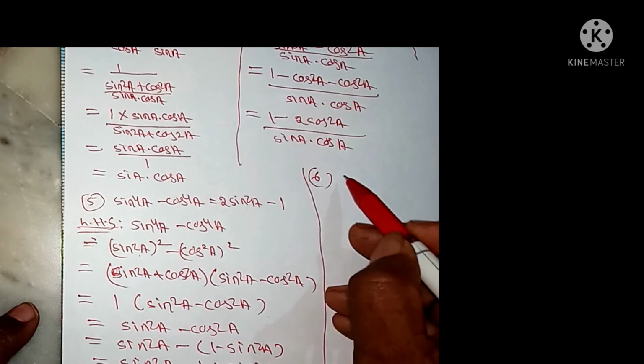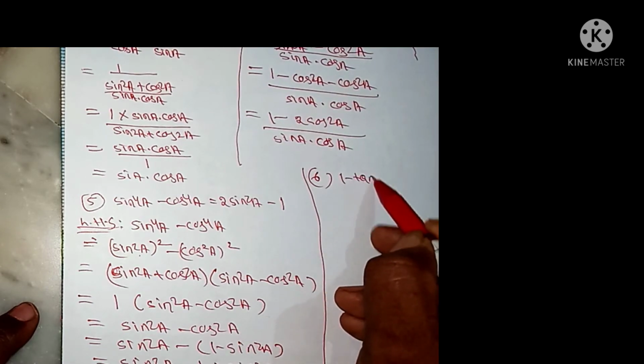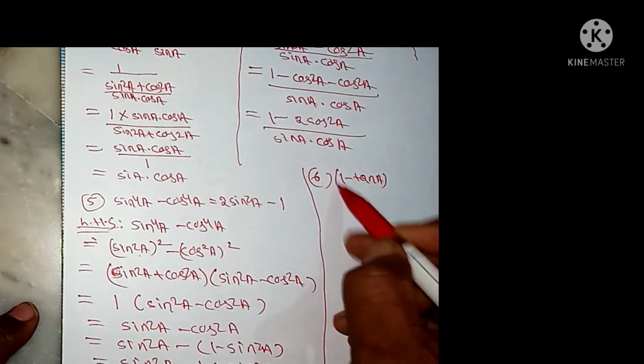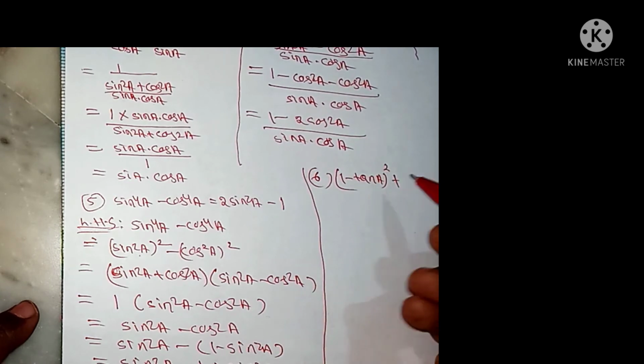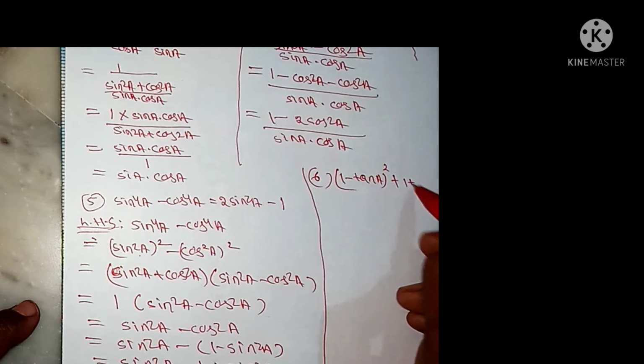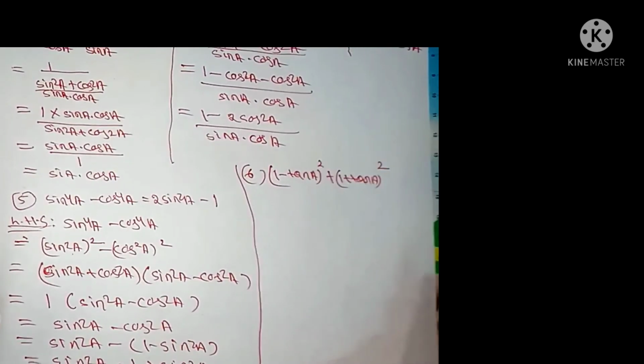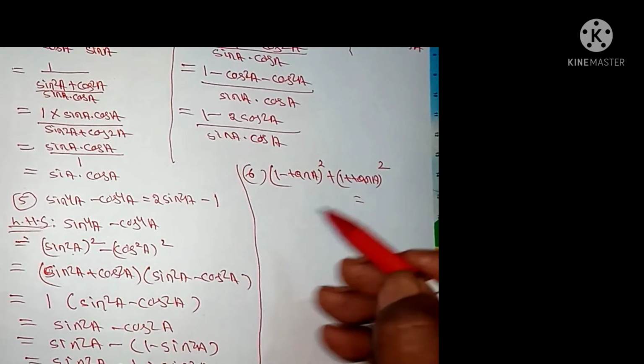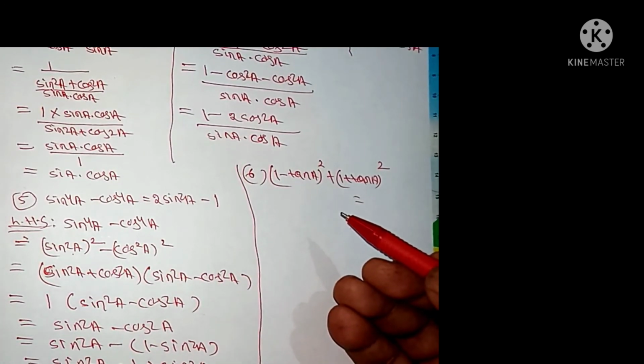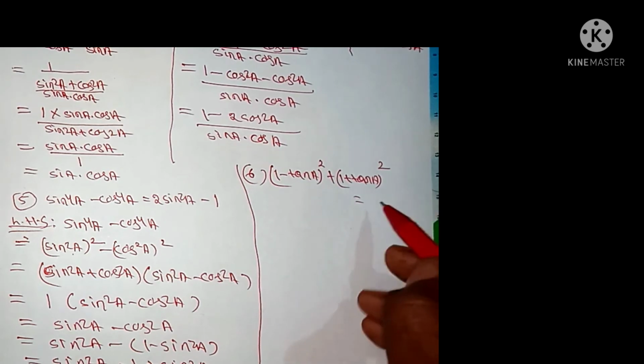Then number 6, 1 minus tan a whole square plus 1 plus tan a whole square, which is equal to 2 sec square a.